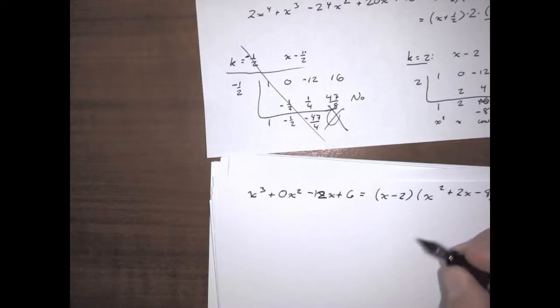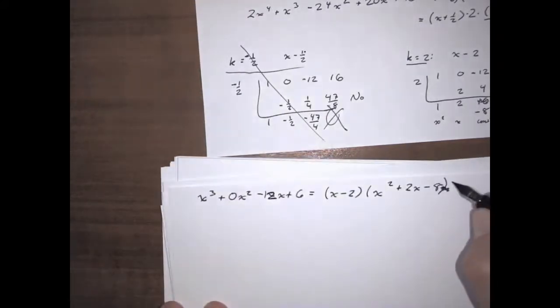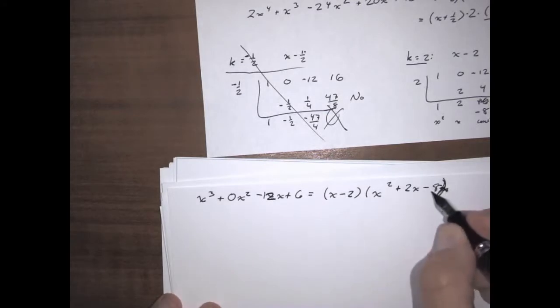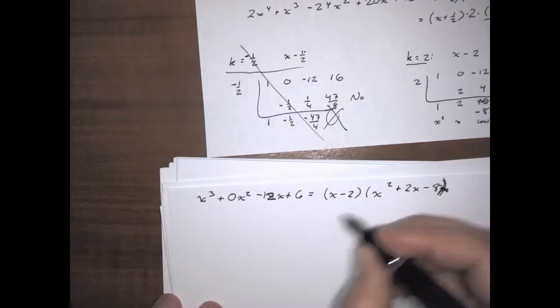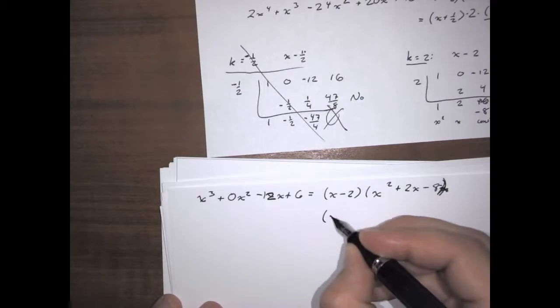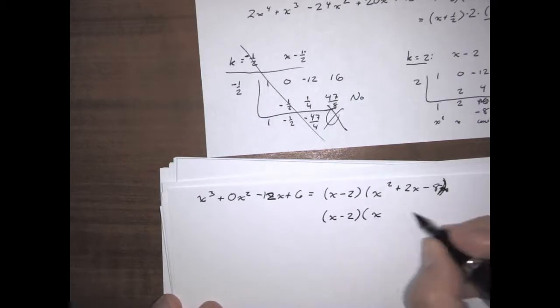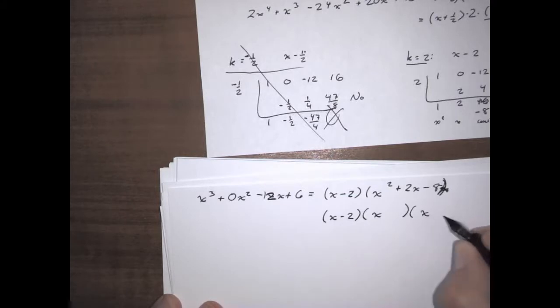Now here then, this we can actually see about factoring that. So 4 times 2 will be the thing. So we got x minus 2 times x and x.